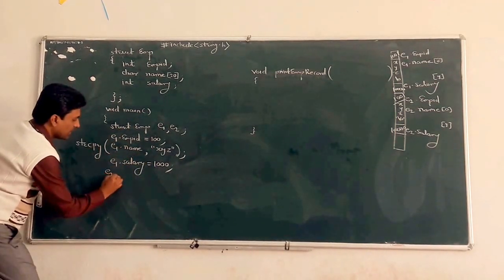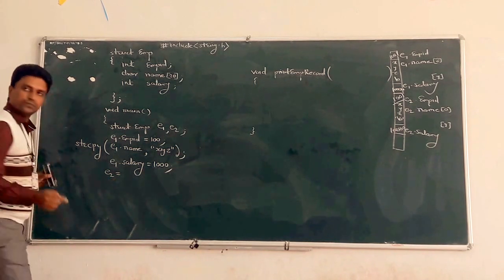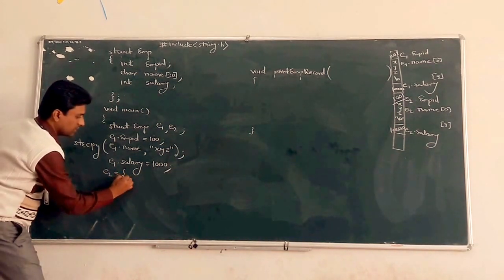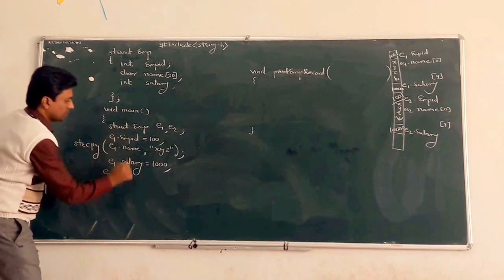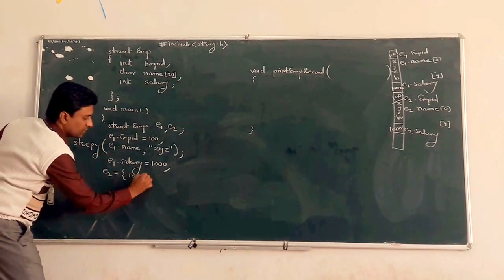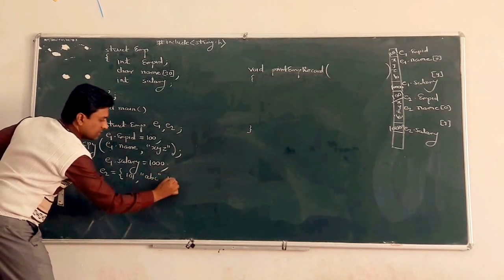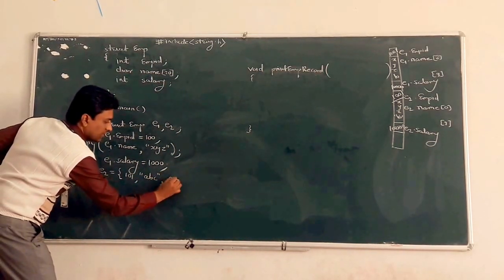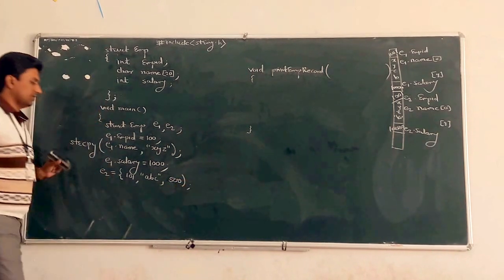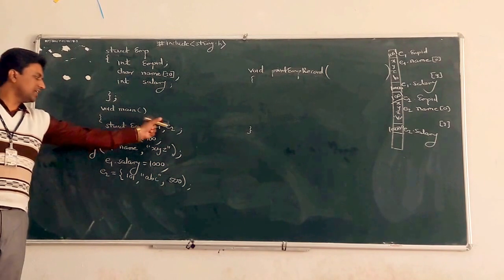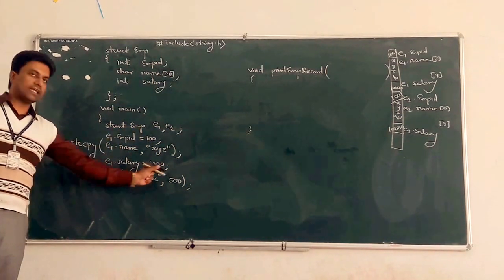You can initialize E2 like this: E2 is equal to, in curly brackets, first employee ID is 102, name is ABC, comma, salary is suppose 500. It is also possible. So we can initialize the E1 and E2 records like this.